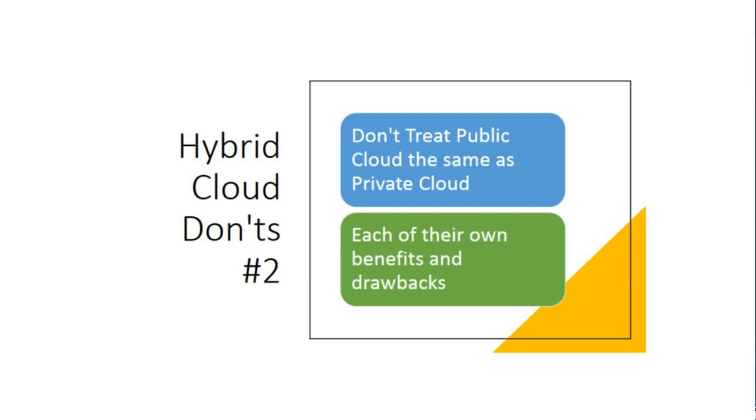Okay, the next one. You can't treat the public cloud the same as the private cloud. The amount of changes that go into the public cloud versus your hybrid on-prem infrastructure, if we look at the rate of change inside of that infrastructure in comparison, it's not even close. Thousands of features are getting added every single year into the public cloud.